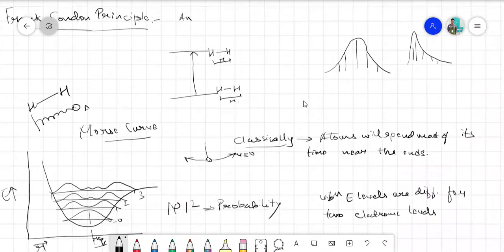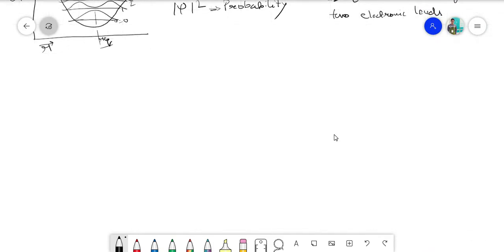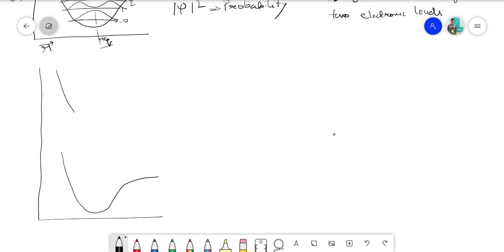So we have to consider separate curves for them. And this is where the Franck-Condon principle is going to help us to study the transitions. So let's say this is my energy axis, this is my internuclear separation axis. This is one of my Morse curves. This is another Morse curve of a higher excited state.